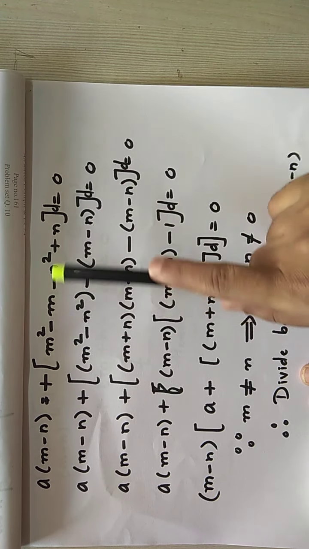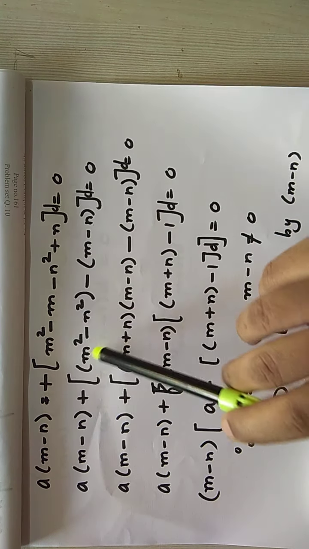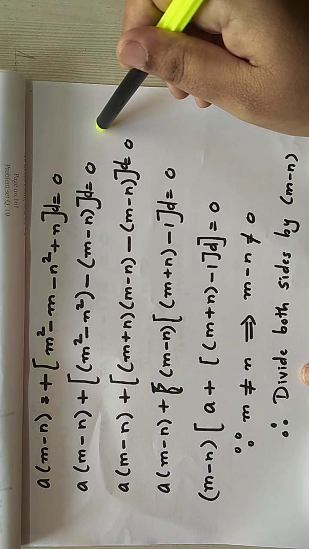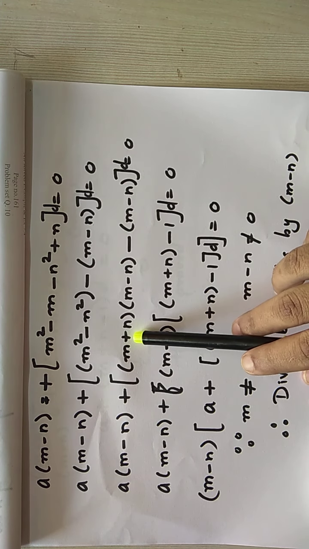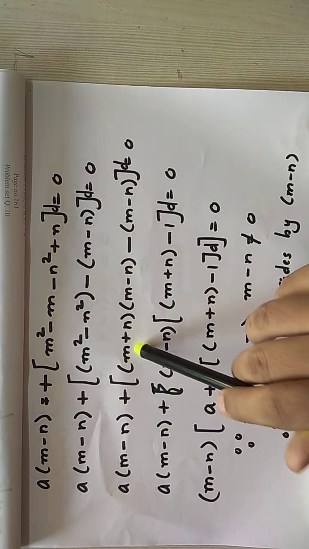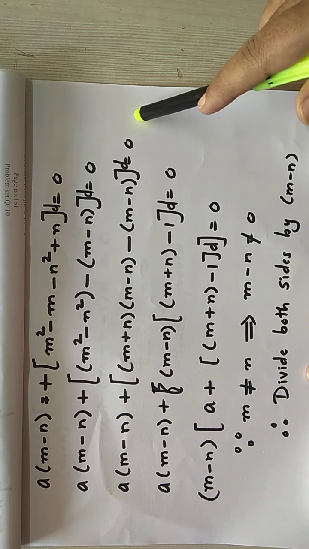Again, these are the same steps we have done in the previous sum. M square minus n square minus (m minus n), times d, equal to 0. Again we have the a plus b, a minus b formula here. So a(m minus n) plus d times ((m plus n)(m minus n) minus (m minus n)) equal to 0.